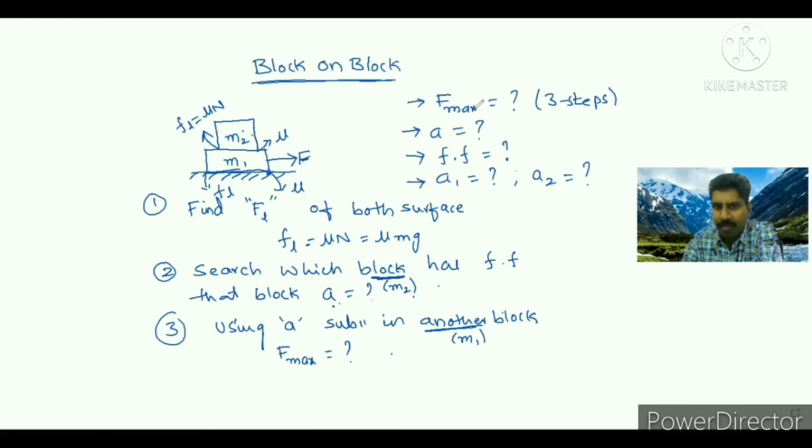In the process of finding F max, we get the acceleration also. Two questions are completed. Next, these other two will also be derived based on this only. So we will take a common example for all cases, because we cannot derive again and again. You can remember that the F max values are enough. See here, first case.